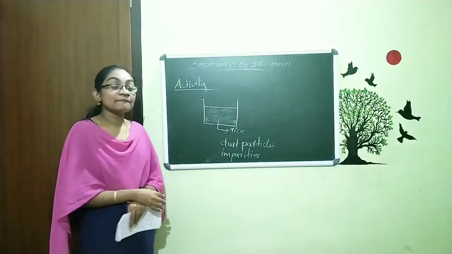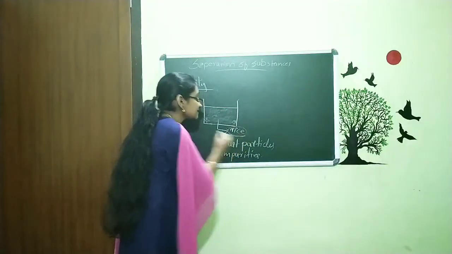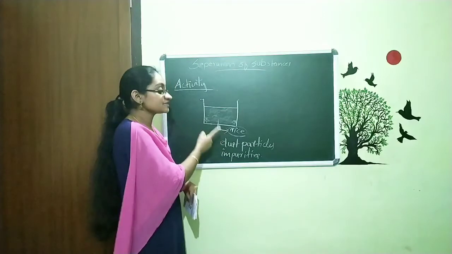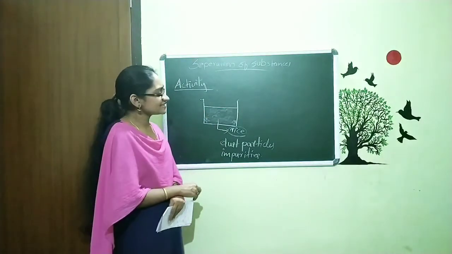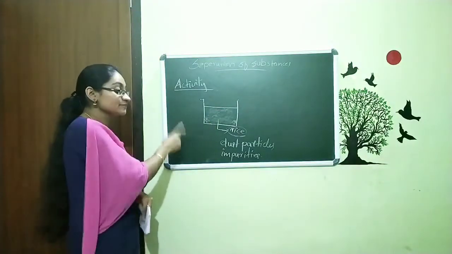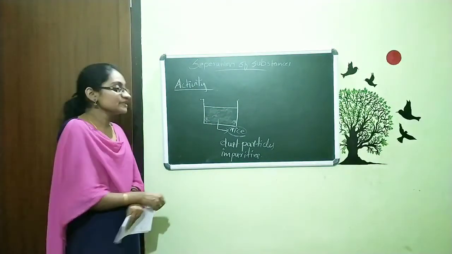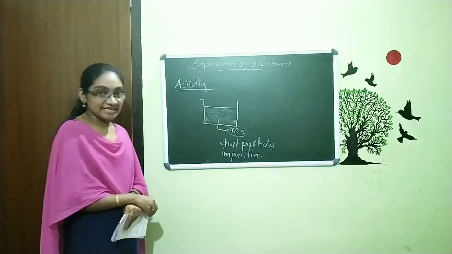Actually, here also a type of separation happens. That means we are separating the rice or the pulses from dust particles and impurities. Now the question is, what is the name of this separation? Definitely this method has a name and we are going to study that.